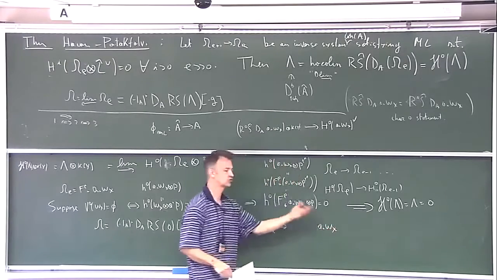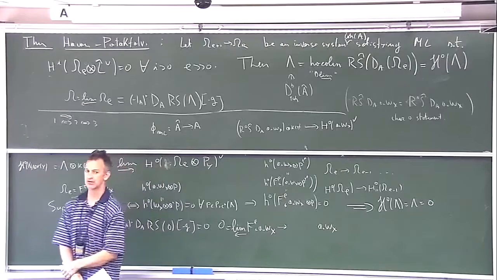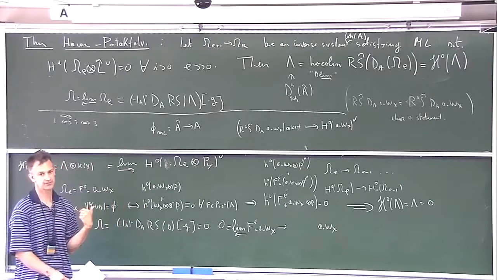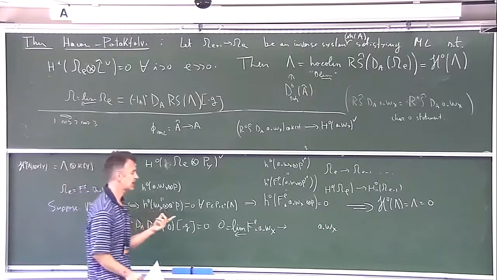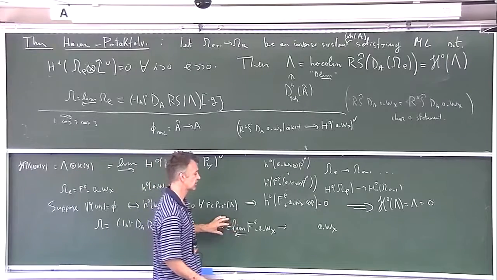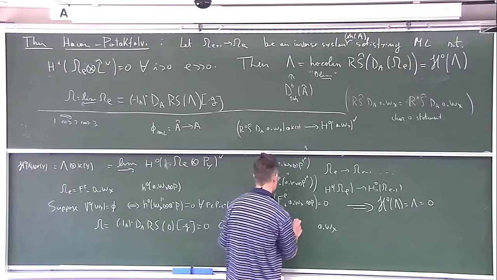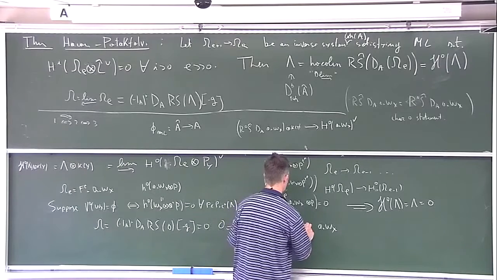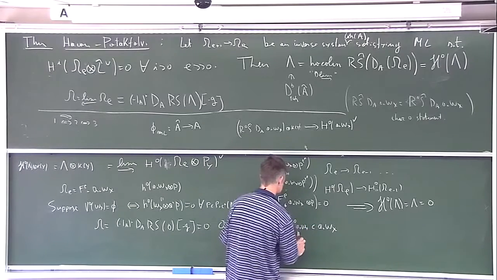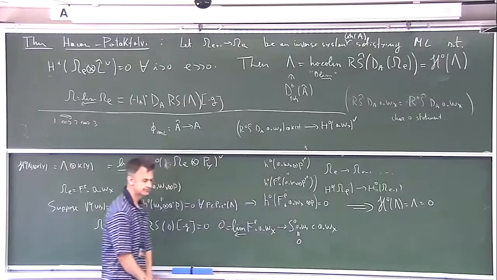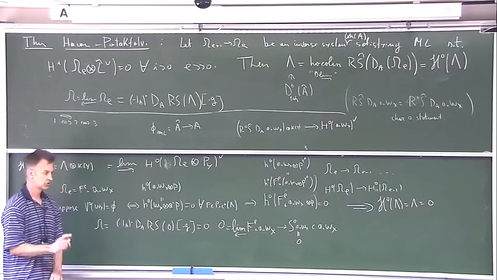I'd like to deduce that A low star of omega x was 0. That's what I would deduce in characteristic 0. But what I deduce here is just, if this is 0, its image in there is 0. Its image in there had a special name, S0 A low star of omega x, and what I'm deducing is that this is equal to 0.